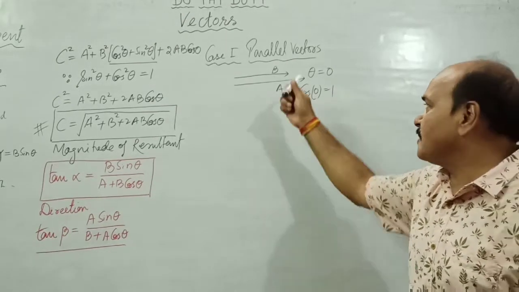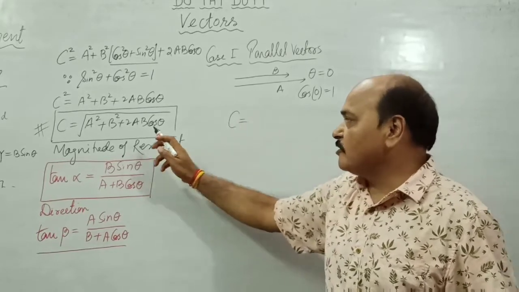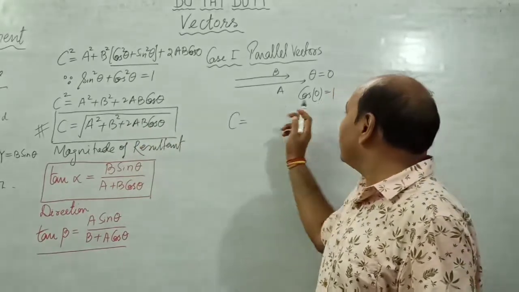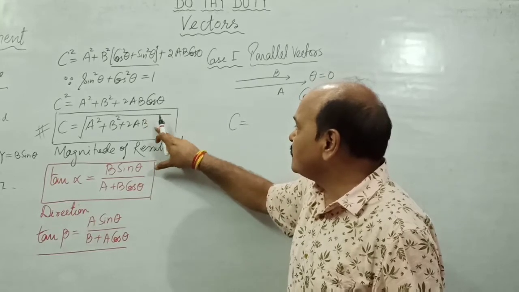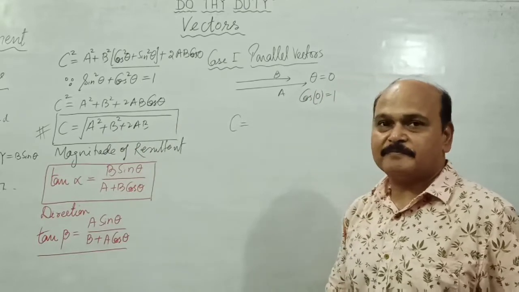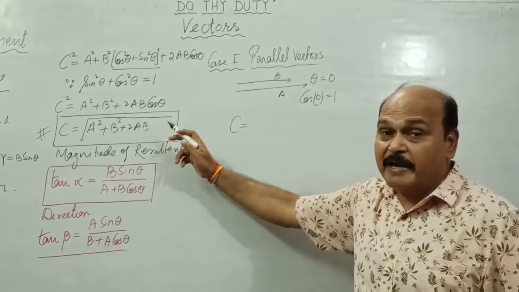So what is going to be the sum of these two vectors? We are going to use this relation to find out the sum of two vectors. Since cos of 0 is 1, the vector sum is going to be the square root of A squared plus B squared plus 2AB. This is the vector sum in case 1 because cos of 0 is 1.